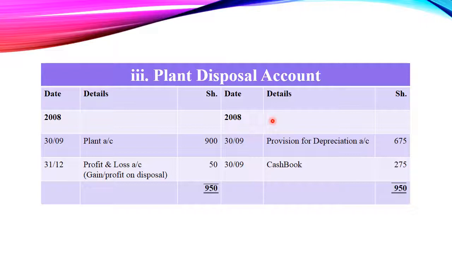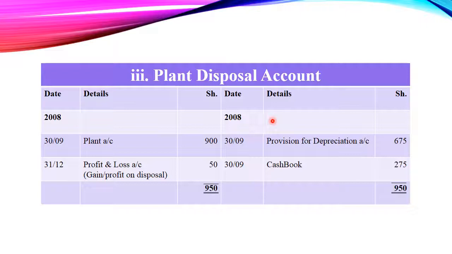So, the plant disposal account. A plant is an asset, and assets have got debit balance, right? Therefore, if you dispose of an asset, you're supposed to credit the asset account or the plant account.